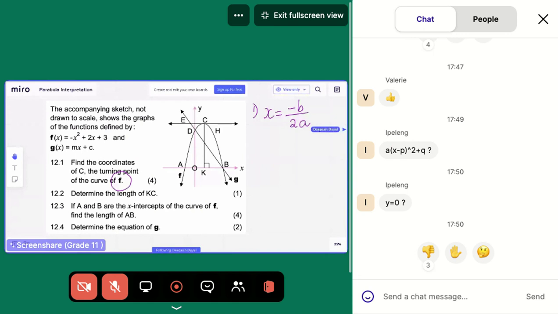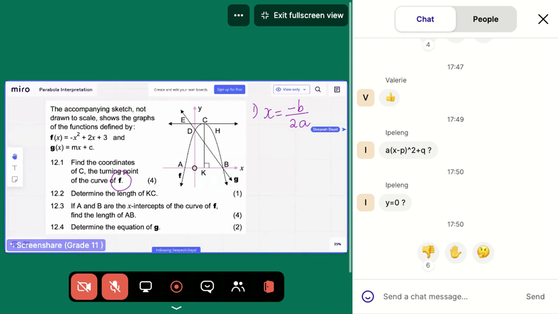Okay, so you must keep revising your work. This is one of the equations we had looked at. I think it was in lesson 2 probably. So it's minus b over 2a for the x value of the turning point, right?